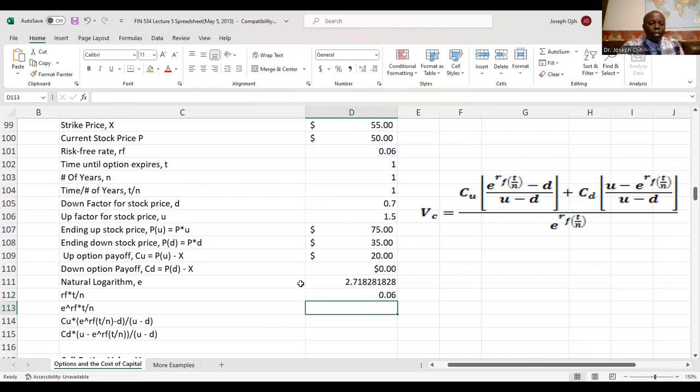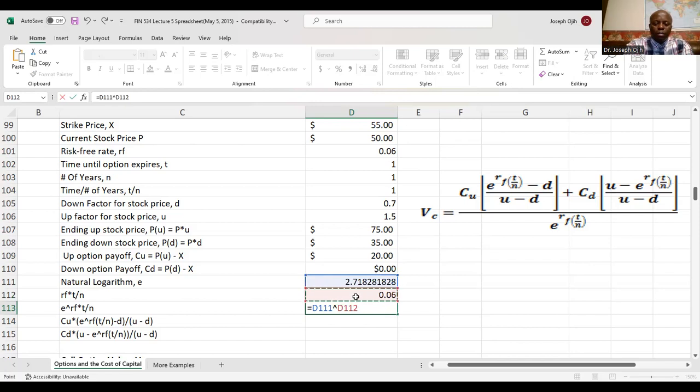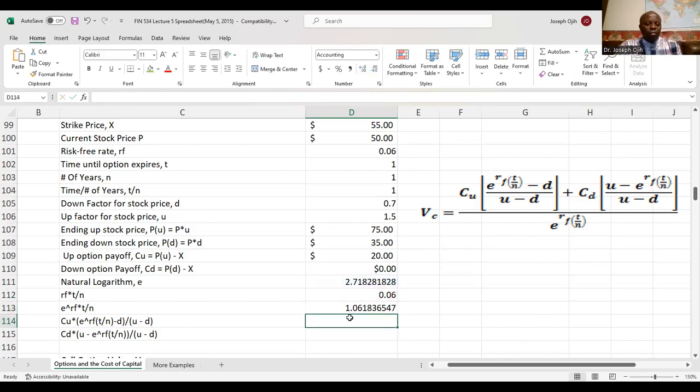Now, E raised to the power RF times T over N means the Euler number raised to the power 0.06. I'm going to put the Euler number raised to the power 0.06. Oh, excuse me, mistake. Euler number raised to the power 0.06. Okay, give me that.